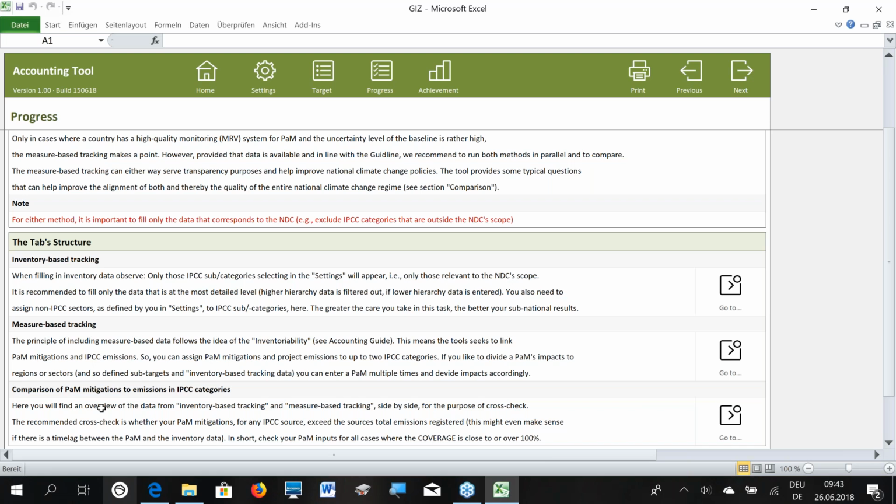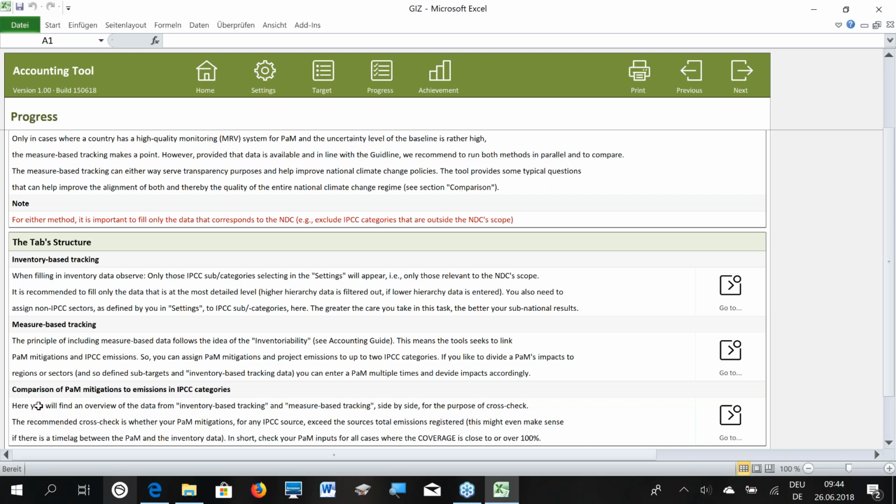With this measure-based tracking, you would also have information on how your single actions that you implemented to achieve your NDCs perform, which worked fine, which didn't work as expected, and you have information to judge what went wrong, and what actions really performed and achieved their respective targets.